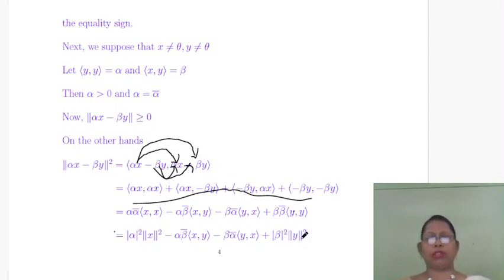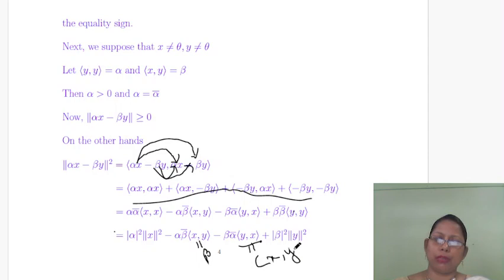y whole square. From here, the inner product of x y is my beta, so in place of this I am going to put beta. Here we know from the second axiom in the definition of inner product space that this is the conjugate of this one, and this is the conjugate of beta bar.